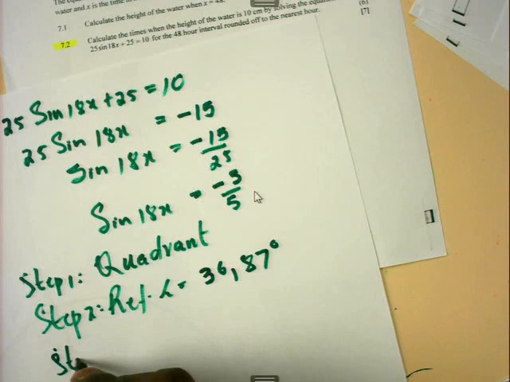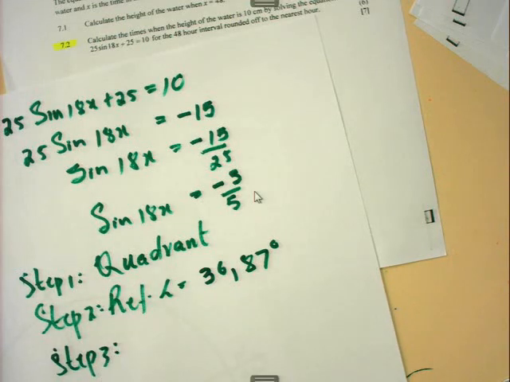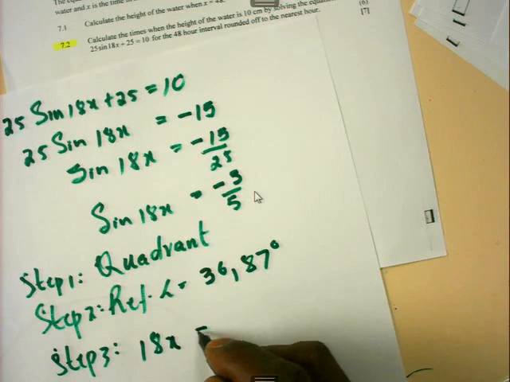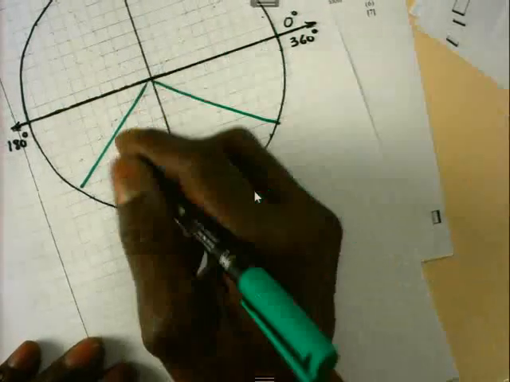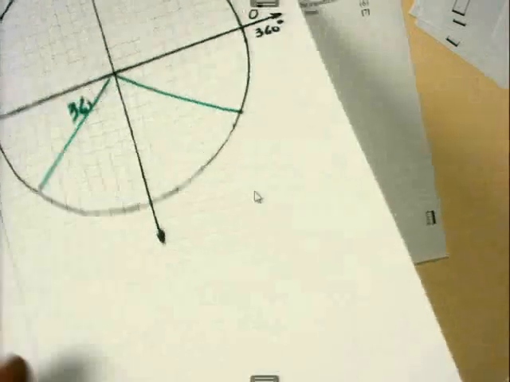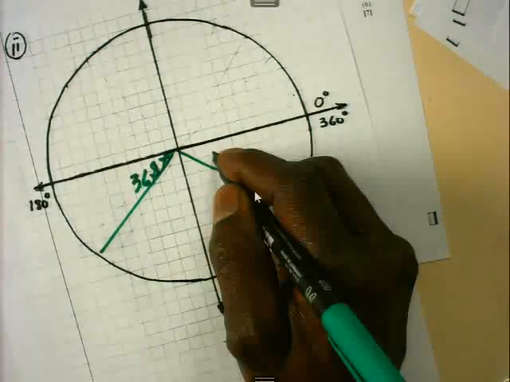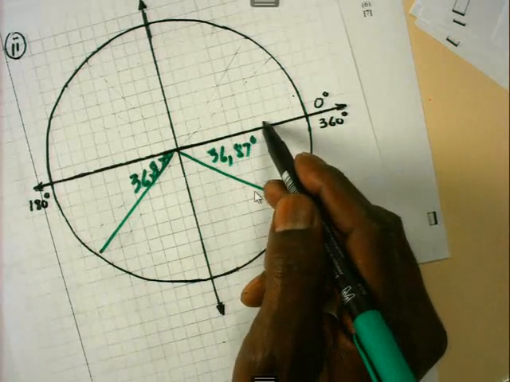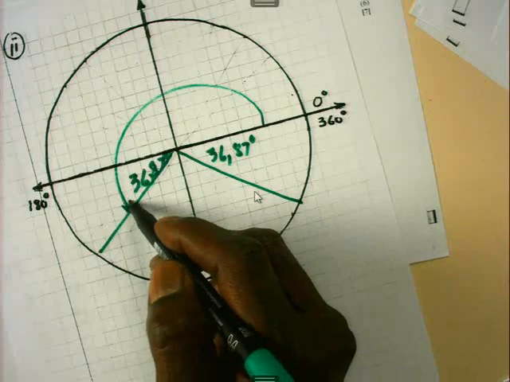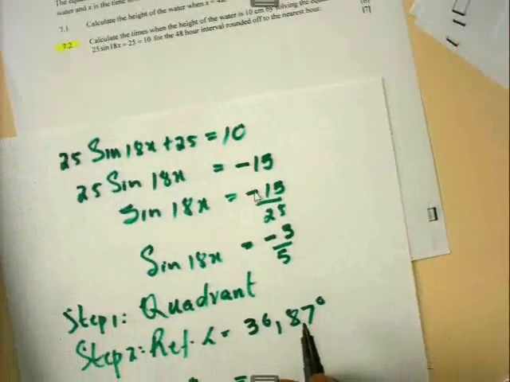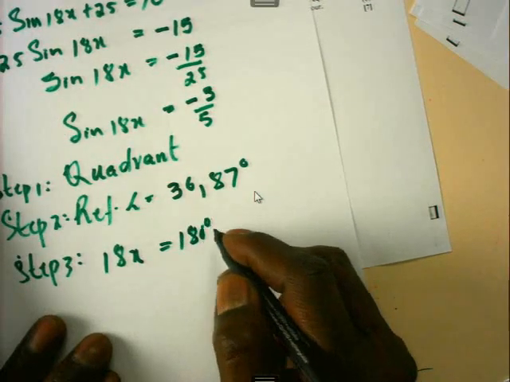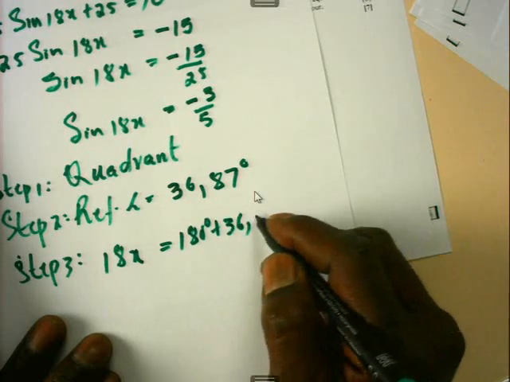Now step 3, we must find the solution for x. Then we'll have 18x equals to, we go back, the reference angle here is 36.87 degrees. Solution, we start from here up to there, and the angle will be 180 degrees plus 36.87 degrees.